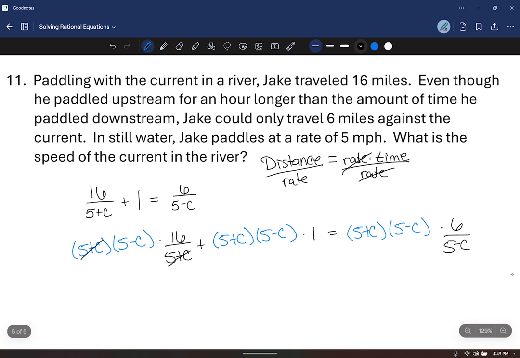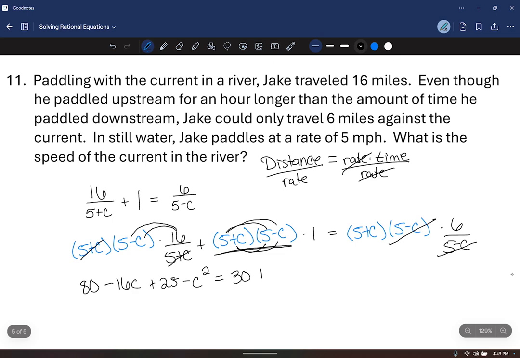So the 5 plus c cancels, and I'm left with 5 minus c times 16. So 16 times 5 is 80, and 16 times negative c is negative 16c. Then I have all of this times 1, so it will just be whatever this is multiplied. These are conjugates, which means it will be the front multiplied and the back multiplied. The two middle terms that we normally have there will cancel because they're going to be opposites. So we have 5 times 5 is 25, and then you have a negative 5c and a positive 5c. Those cancel. c times negative c is negative c squared, and that's equal to, 5 minus c cancels, and we take 6 times 5 plus c, which would be 30 plus 6c.